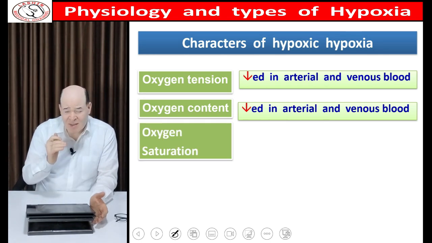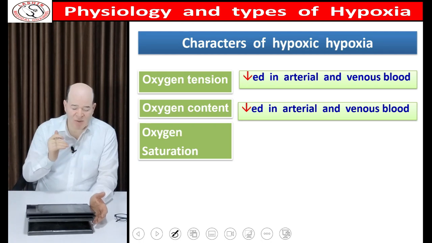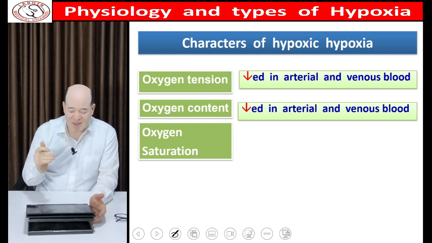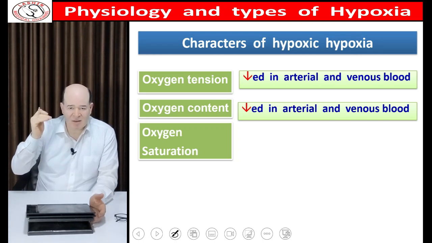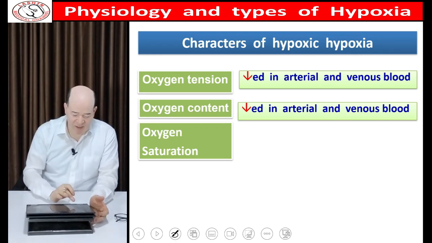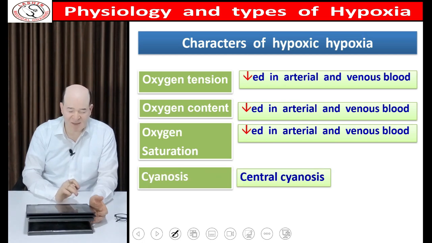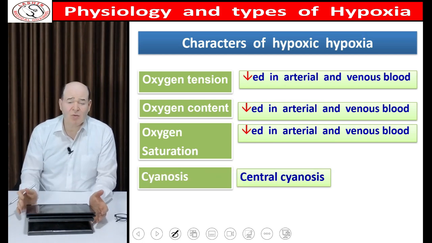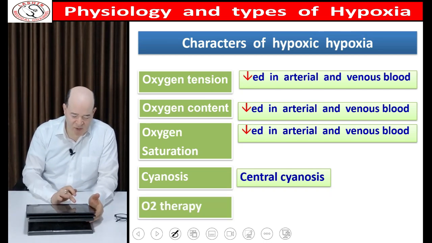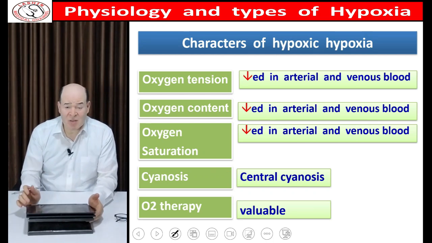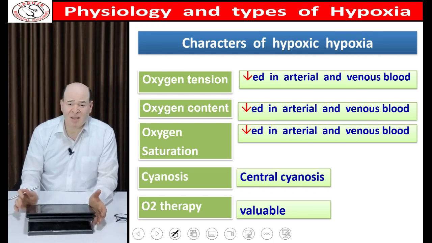When the content is reduced, by consequence, saturation is reduced, because saturation equals content divided by the capacity. So if the content is decreased, saturation is decreased, and cyanosis is present in hypoxic hypoxia. Most causes of hypoxic hypoxia are associated with a central type of cyanosis. The condition is improved with oxygen, so oxygen treatment in hypoxic hypoxia is very valuable.